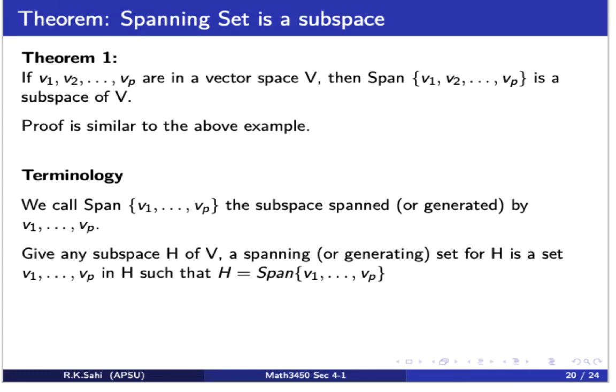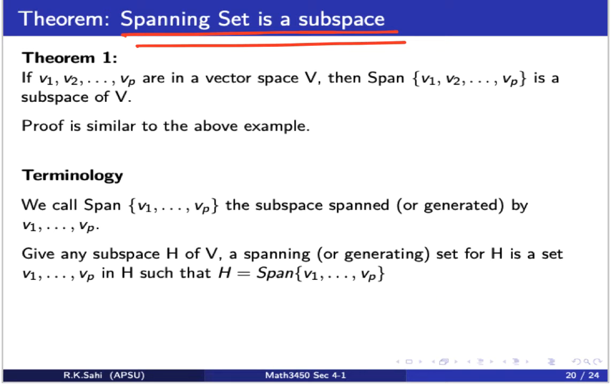So anytime you see a spanning set of vectors of a vector space, automatically in your mind, it is a subspace, and that's what we'll be using in proving some of the questions later.